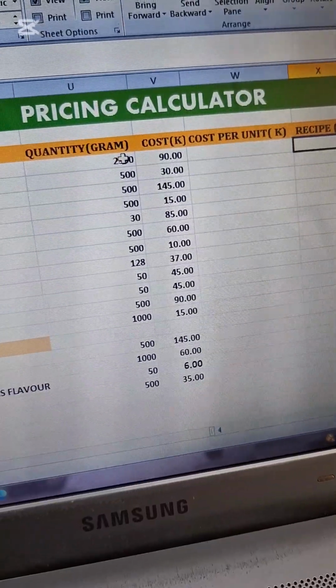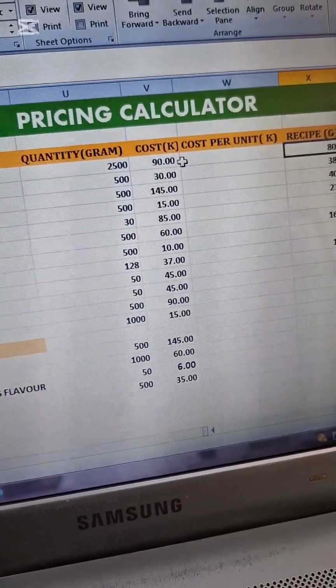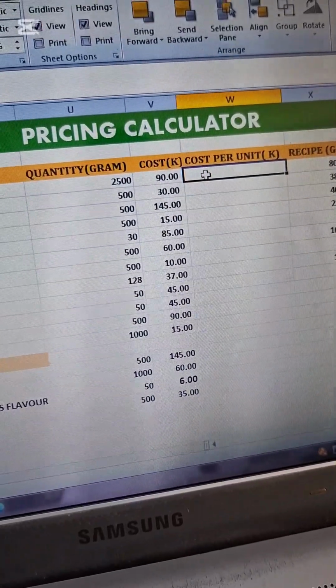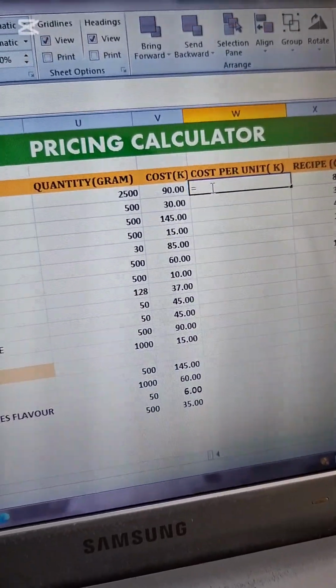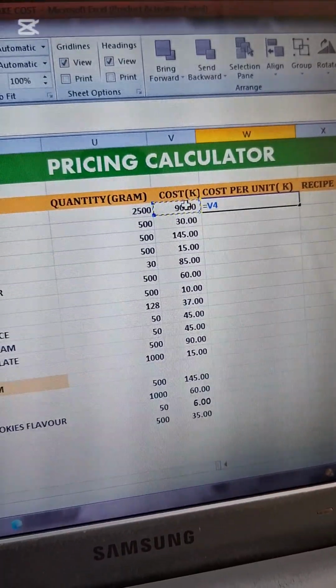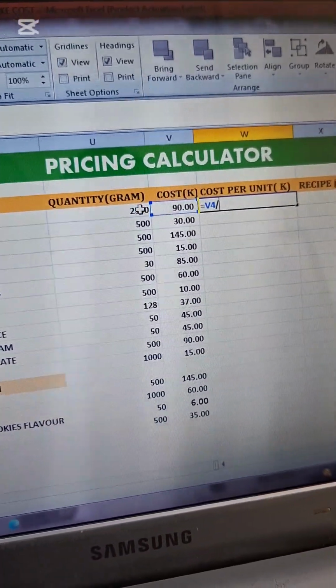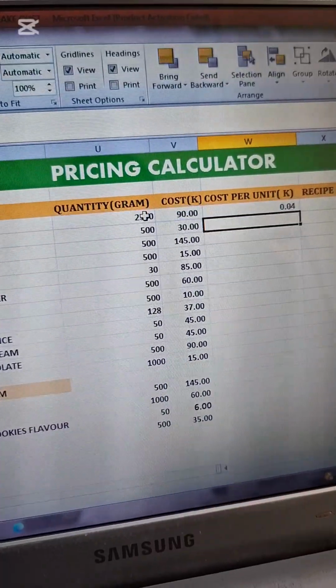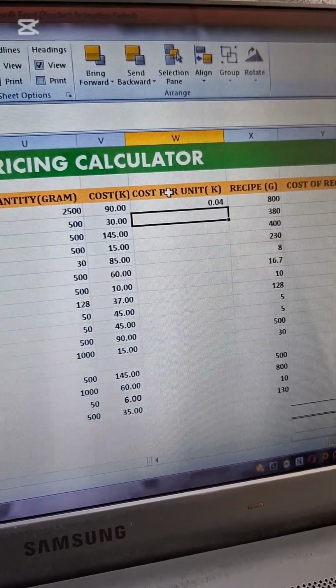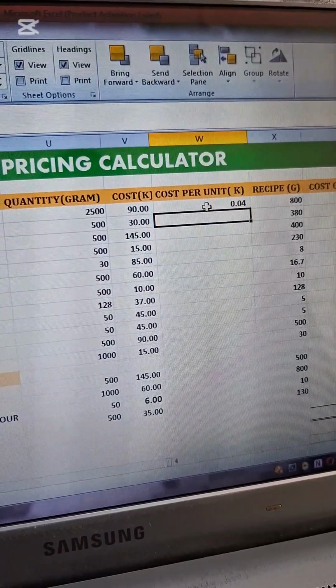Okay, so now we are just going to calculate the cost per unit. This is just the price per gram. The formula is total price divided by weight in grams. So it will just be 90 kwacha for flour divided by 2,500, and it will give us 0.04. This is just the price per gram of flour.